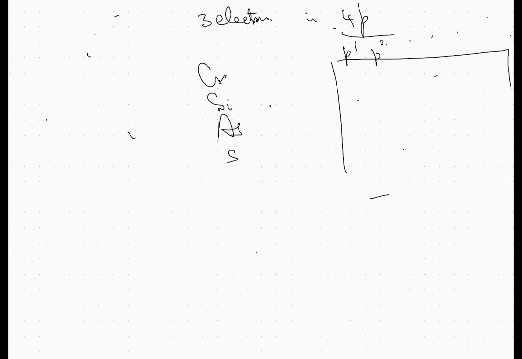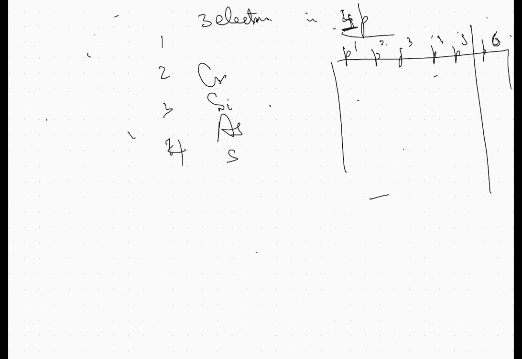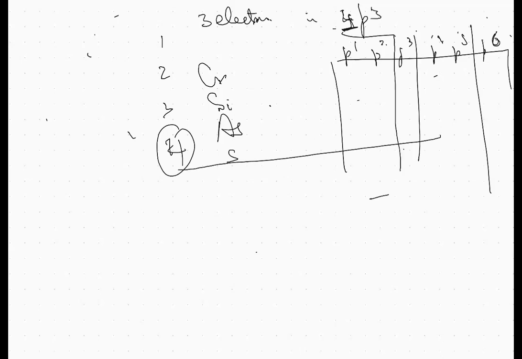That's the end. P6 is always noble gases. So when you say 4p, that means it's the period, right? So go by counting the first period, second period, third period, fourth period, and go for the 4 and go for the p, for the one that has 4p. 4p, 3 electrons. So it has to be 4p3. So it has to be the third one and the 4th period. So whatever element here, that is arsenic. That's how we form it.